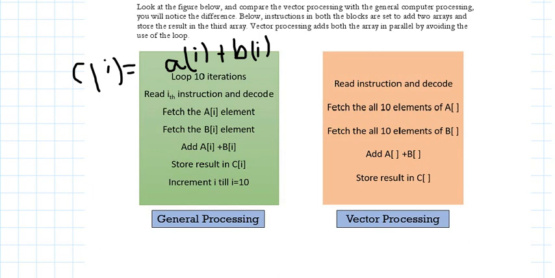And in a single go, all the 10 additions will be completed and the results will be stored in different locations of the C array. So this is the idea behind the vector processor, which is primarily targeted towards arithmetic or logical types of operations.